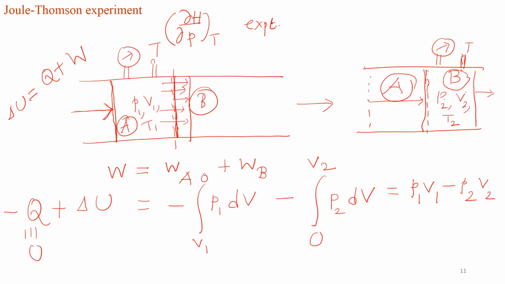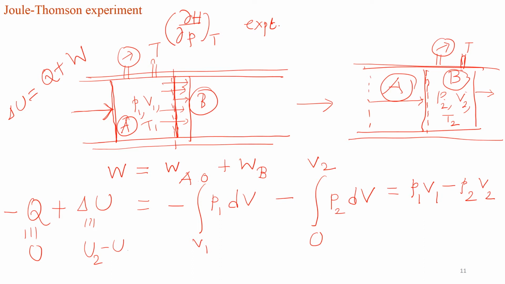Why? Because this entire tube was thermally insulated. So there was no heat exchange with the surrounding. So we can write, since U is a state function, delta U as U2 minus U1. Then we can arrange the terms.